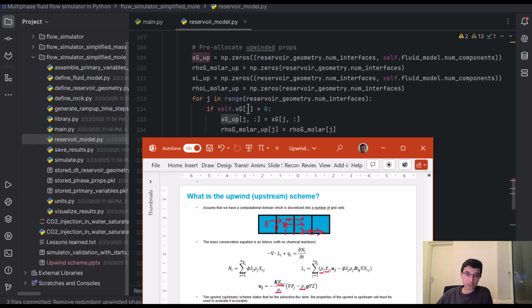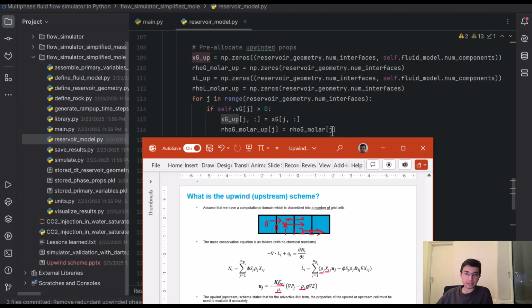J is 0. So what happens here is that we use x of the 0th cell, and we store it in this variable. And the same thing happens to density as well.